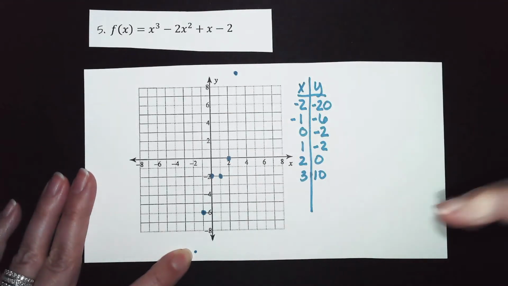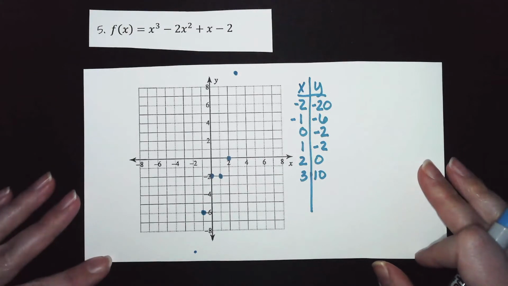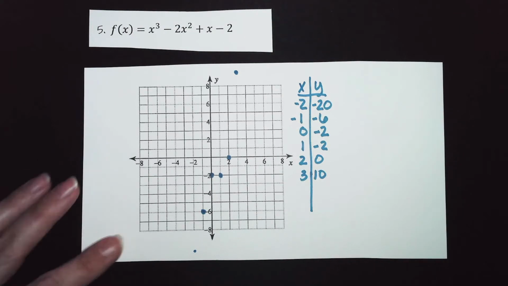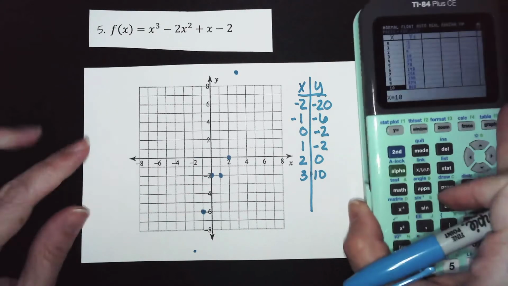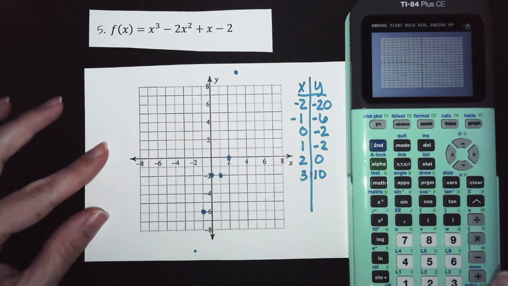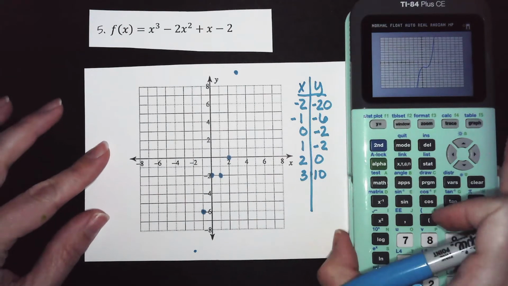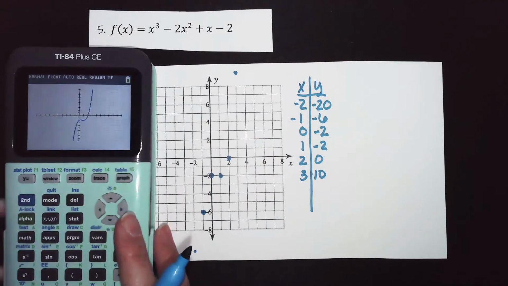Actually, I can get that point, it's just up there. Now I want to graph this, but I'm not quite sure how some of my curves are, so I'm going to go to my graph so I can connect my points the best way possible.